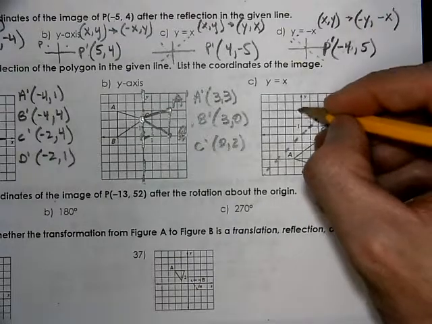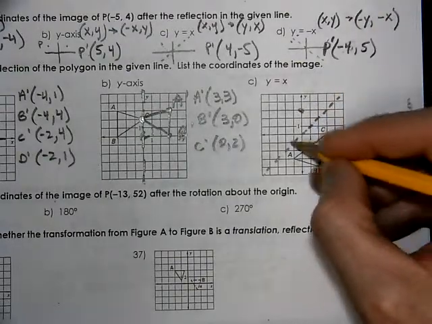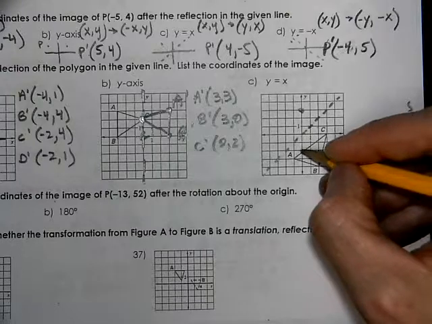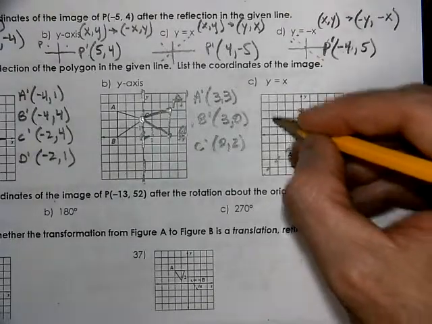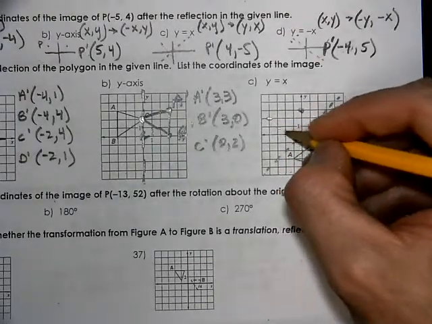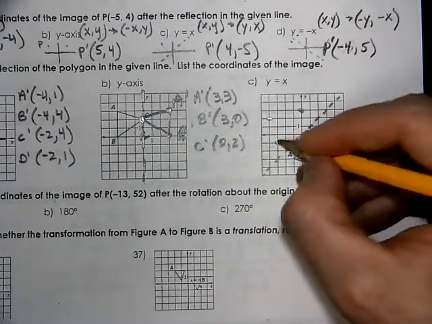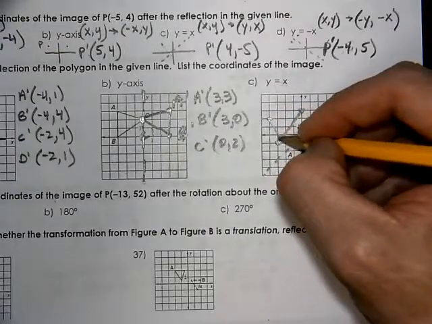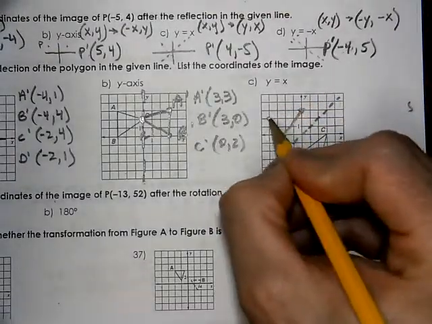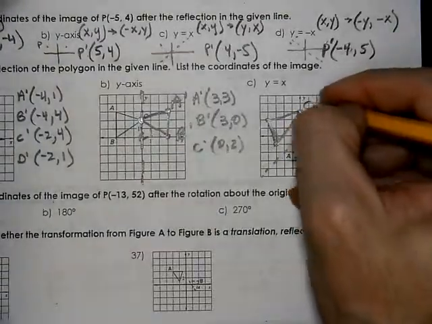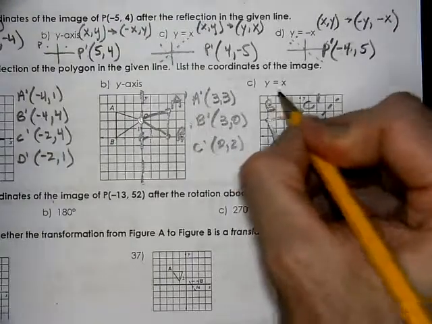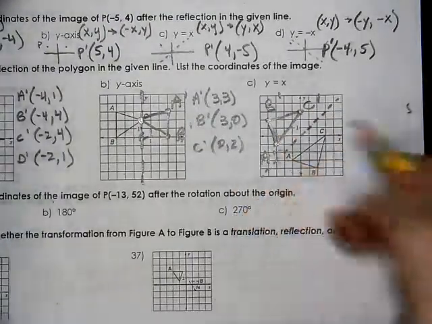We're going to count diagonally also. 1, 2, 3, 1, 2, 3. So we reflected that. So we have C prime, B prime, and A prime.